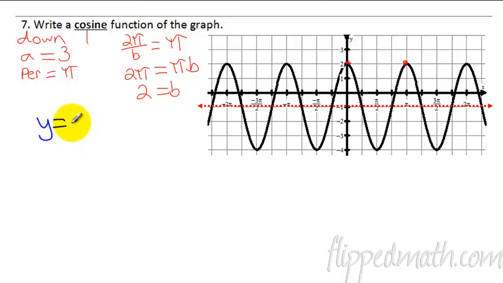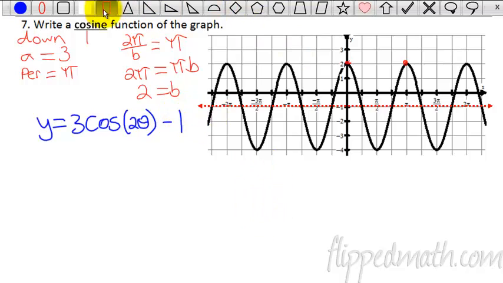We're going to do the a first, 3, and it is positive because we started with a maximum. Cosine graph. Follow the directions carefully on that. And it is 2. Let's do theta this time instead of an x. 2 theta. And then we went down 1 for the equilibrium line, the middle line. And there's our answer. Easy stuff.